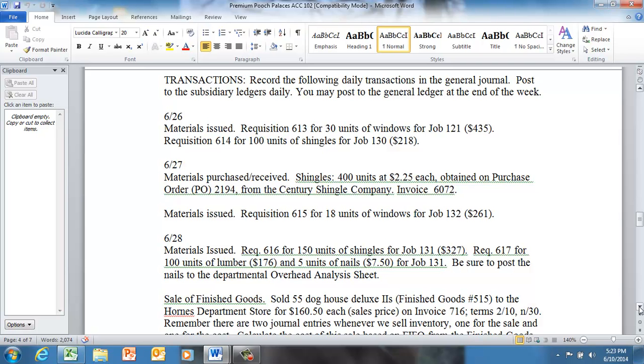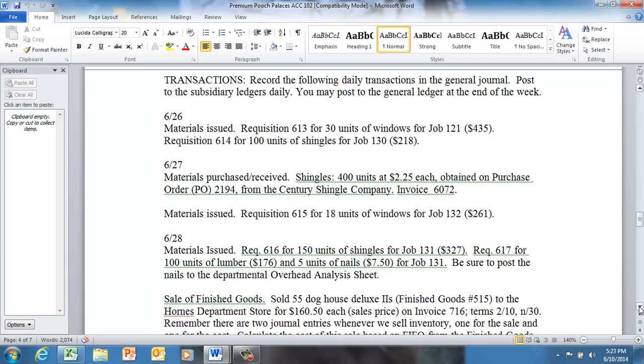Now, in reality, this material is coming out of the materials and going into the factory. Whenever direct materials go into the factory, as far as the accounting is concerned, that's going into work in process. If it was indirect materials, such as nails, then that would go into overhead, not work in process.